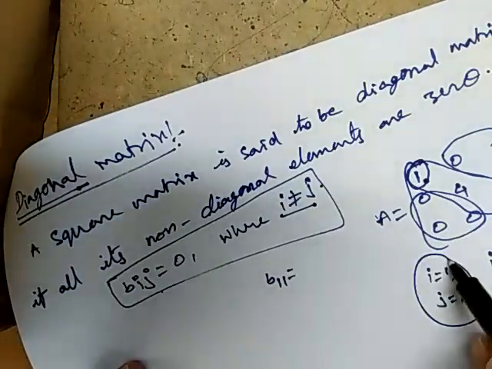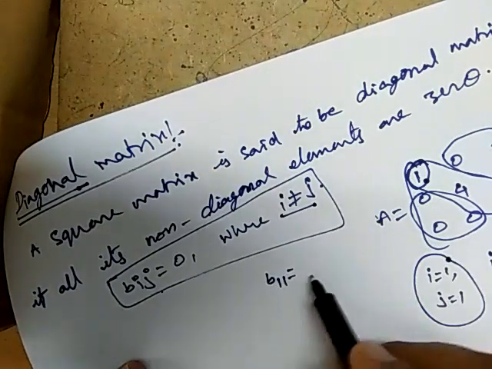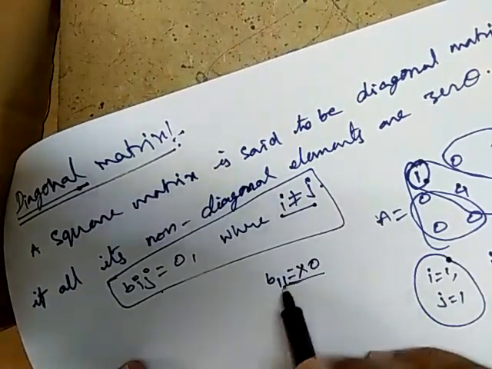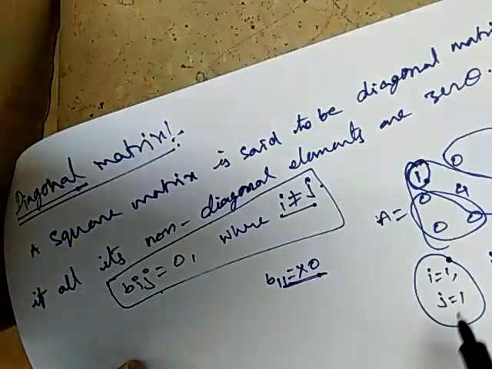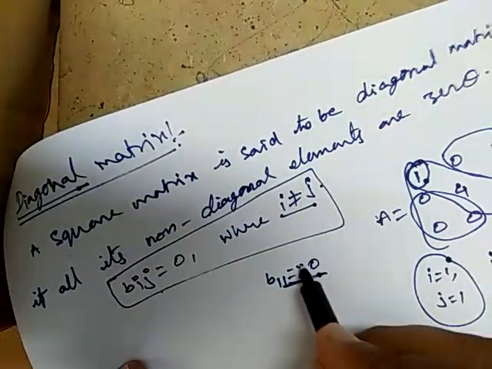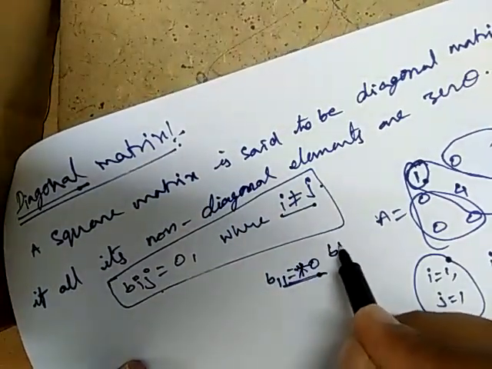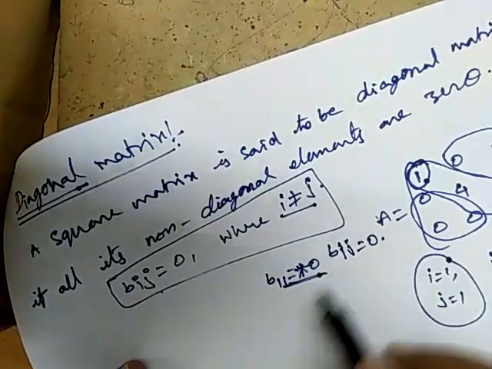When i equals j, the element need not be 0. If i is not equal to j, then Bij equals 0.